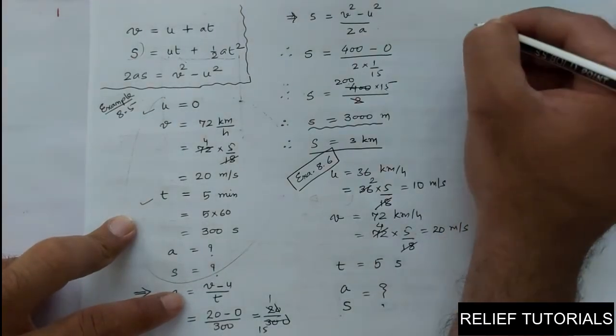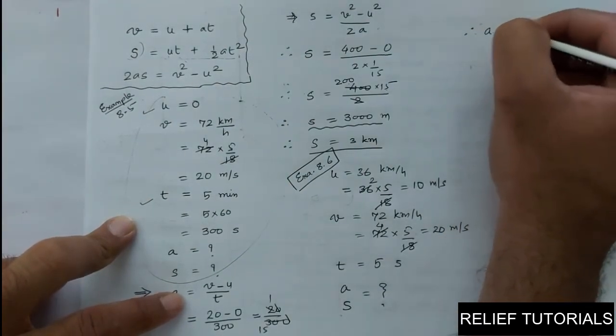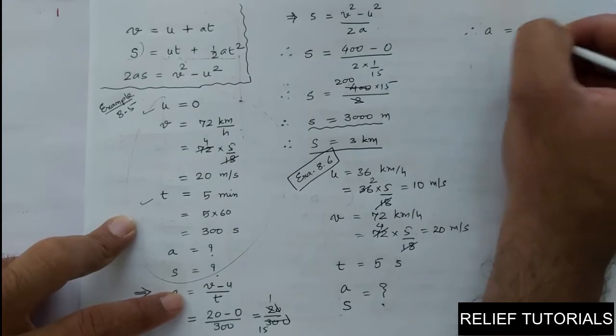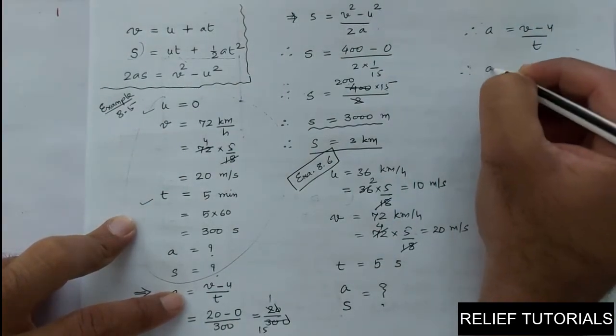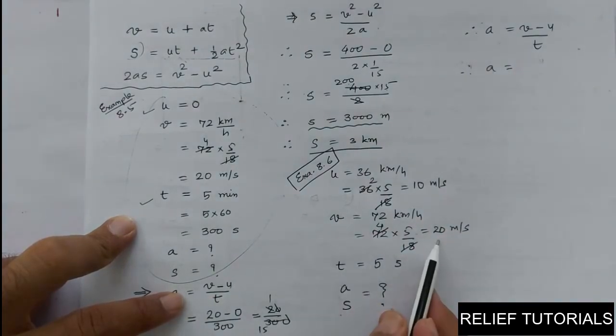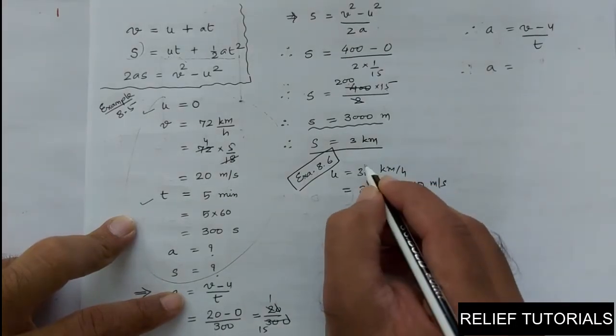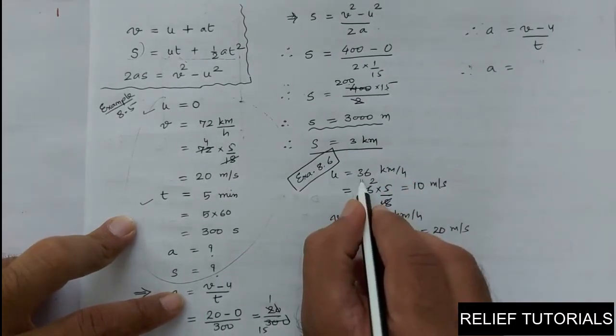So we have a formula for acceleration. We can say a is equal to (v minus u) by t. Put the values. Therefore, a is equal to v is 20... Okay, so we have taken the wrong data. Initial velocity is 18, not 36.